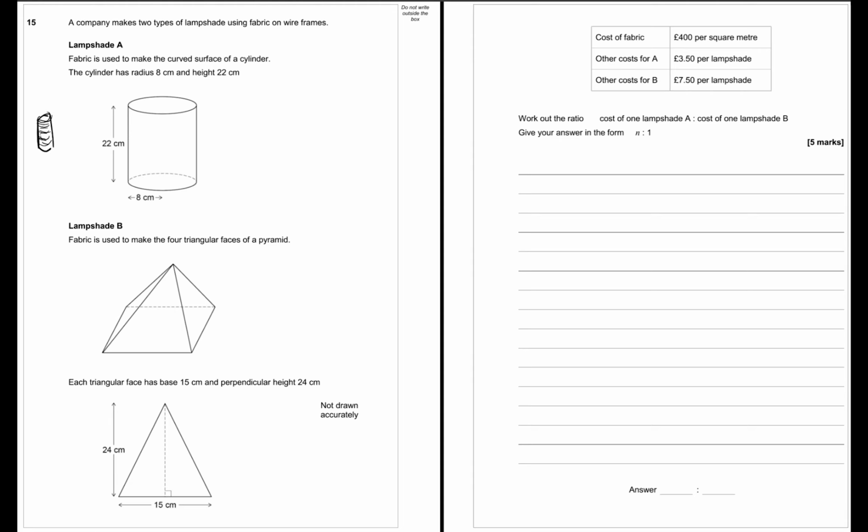Okay, so let's try to work out the surface area of the bit we care about. We need to work out the circumference of this circle, don't we? So what is the circumference of a circle? We know the circumference C is equal to pi times the diameter.